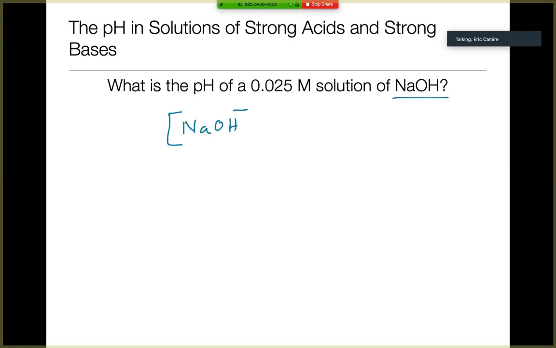We're going to apply a similar rule. The initial concentration of sodium hydroxide will equal the hydroxide concentration once everything's said and done, or the final concentration of hydroxide. So I'm going to give you guys 2 minutes to go at this one. Or maybe we'll try a minute first, and we'll see if we get answers. If not, we'll go to 2.